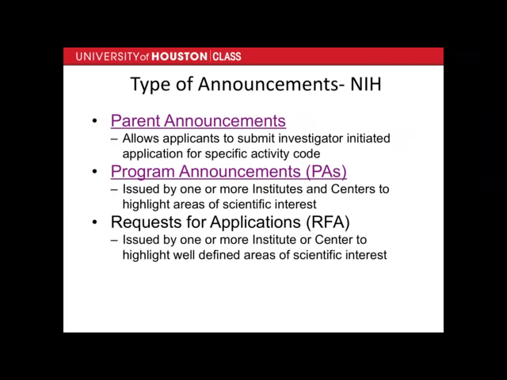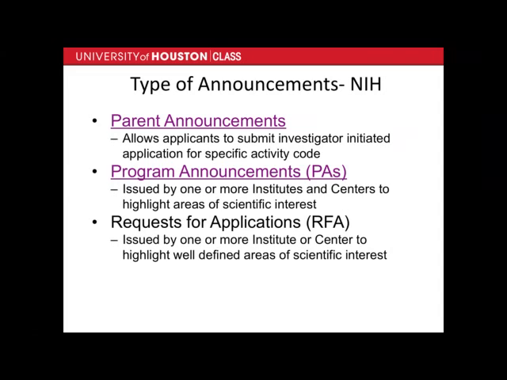And so a program announcement is issued by one or more institutes and centers, and it highlights areas of scientific interest. So when you're applying to a program announcement, the institute or center has basically specified what they want you to apply for, whereas a parent announcement is not really specific.